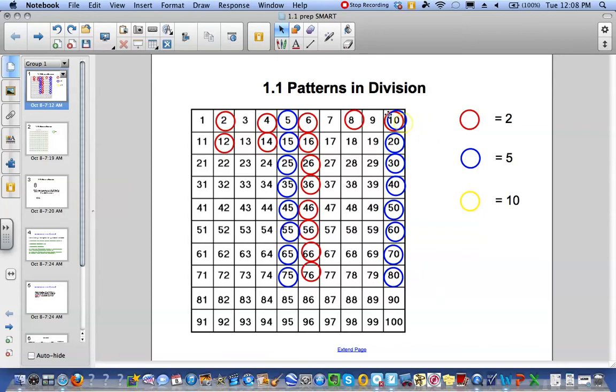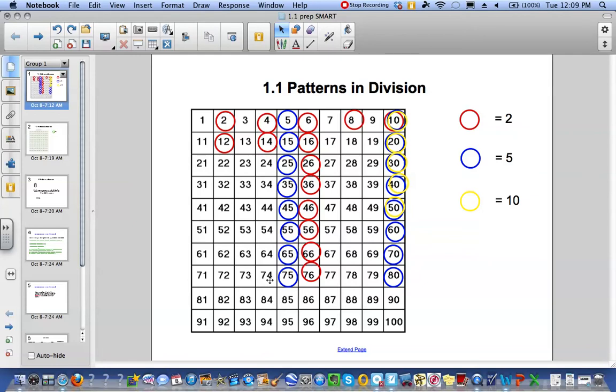And then when we go to our 10s, you'll see that 10 is divisible by 10, so is 20 and 30 and 40 and 50. So any number that ends in a 0 is divisible by 10. 74 ends in a 4, so it's not divisible by 10.